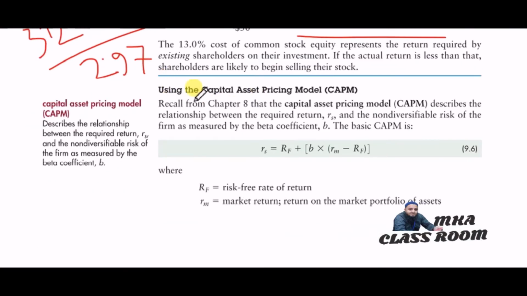Then here is the other model, the capital asset pricing model, CAPM. The formula for CAPM is RF, the risk free rate of return, plus beta into RM, market return, minus risk free return.